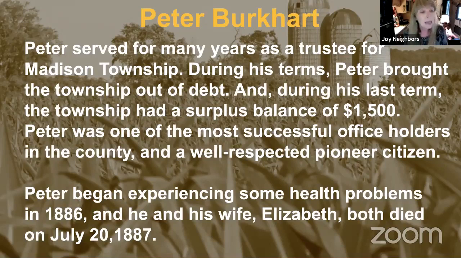But he began experiencing some health problems in 1886. He and his wife Elizabeth both died July 20th, 1887. So them having the same death date became very intriguing for me to find out why.